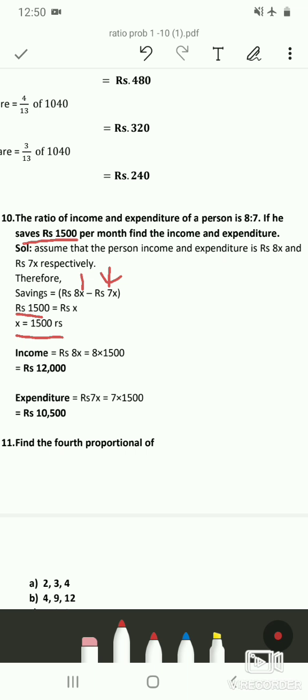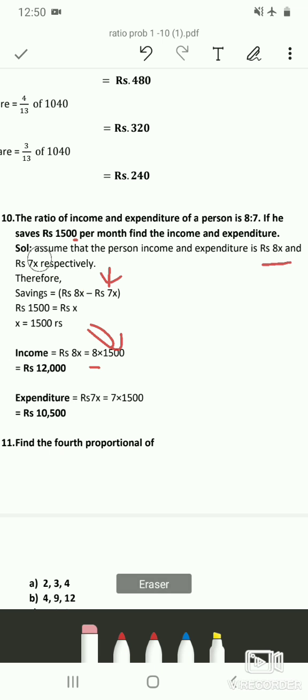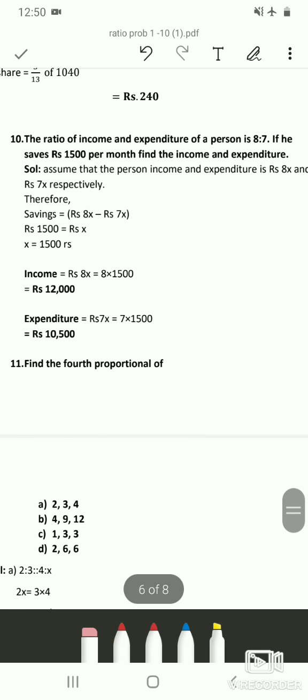So income is equal to rupees 8x, 8 into x value, so income is rupees 12,000, and substitute x in the expenditure, that is 7 into x. So we'll get the expenditure as rupees 10,500. So even this was a simple problem.